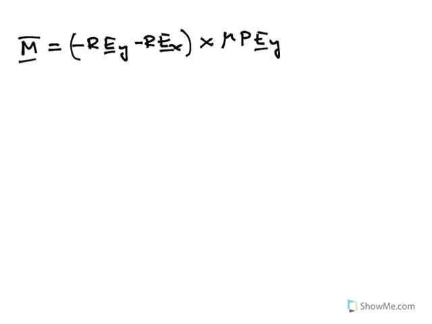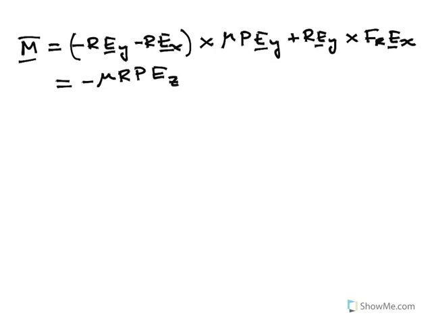So this is minus R EY minus R EX crossed with, we've got mu times P times EY. That's the friction force. And then we've got plus R EY crossed with F sub R EX. So if I take these cross products, I've got EX crossed with EY, which gives me minus mu times R times P times EZ.